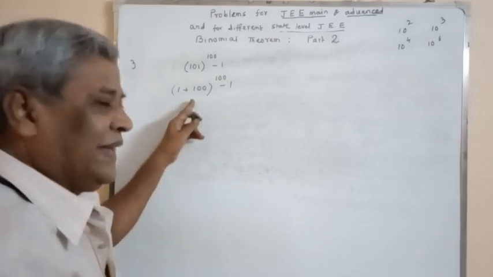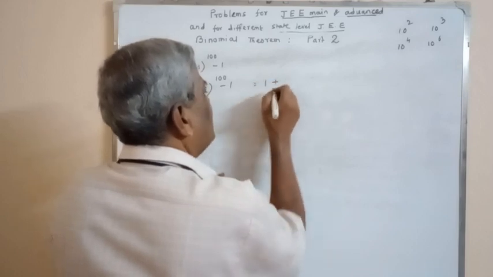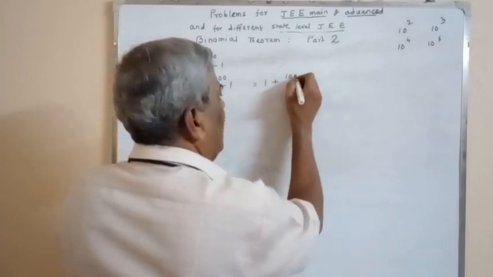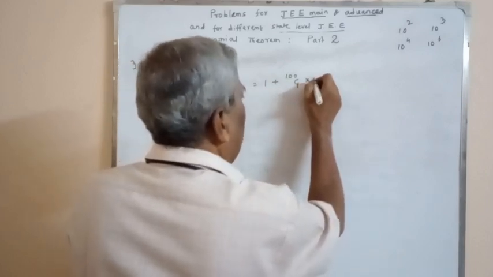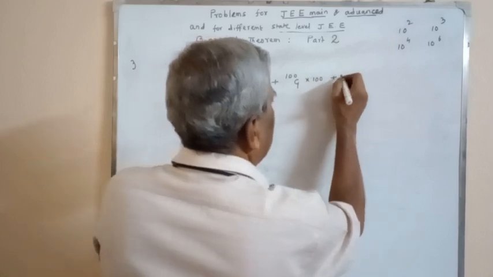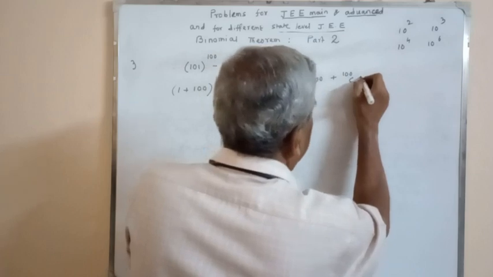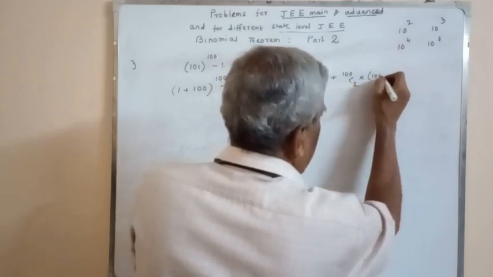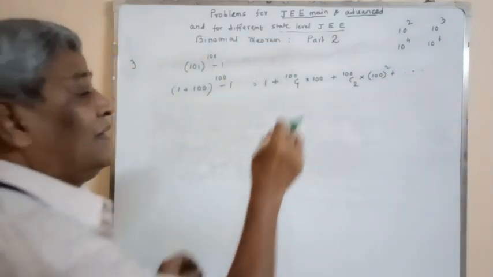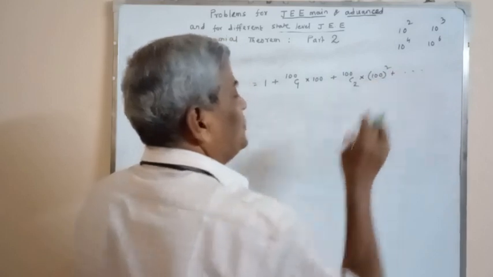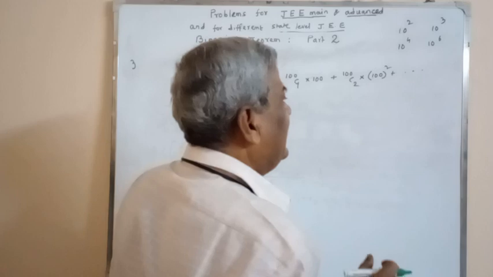Now expand it binomially. This is equal to 1 plus 100C1 into 1 into 100 plus 100C2 into 100 square plus so on, and these terms will contain higher powers of 100.